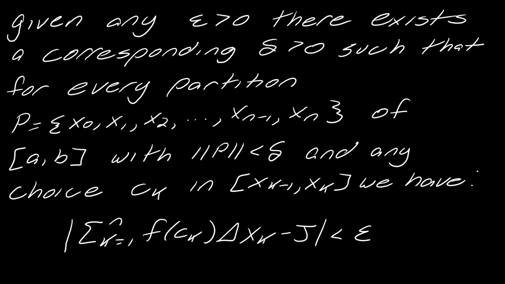This concept of trying to make the width of my rectangle as small as possible is what this definition is trying to bring up. Remember, the norm has to do with the width of a subinterval. So if you can get your subintervals down to a very tiny width, then at some point you actually will get to the definite integral, which ends up being the area of this shape. That's a little bit of what this definition is referring to.